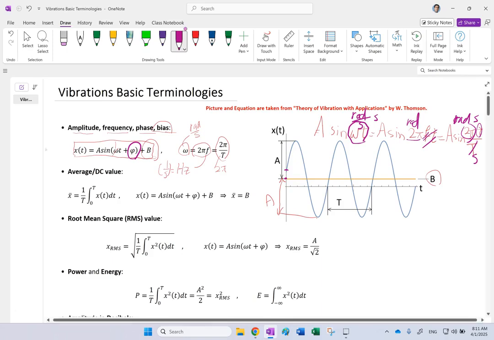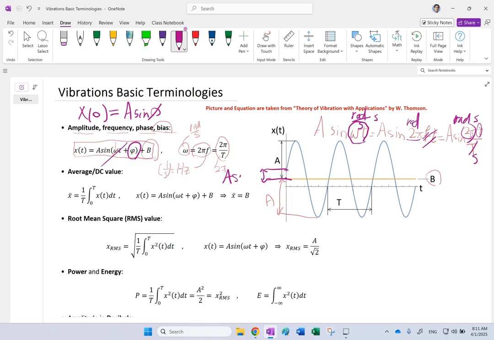So at time t0, if you plug in t0 here, your initial value, x of 0, is basically A times sine of phi. So the ratio of that over A is basically sine of phi.